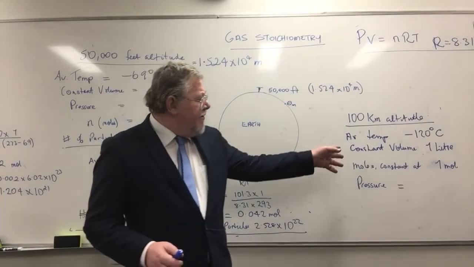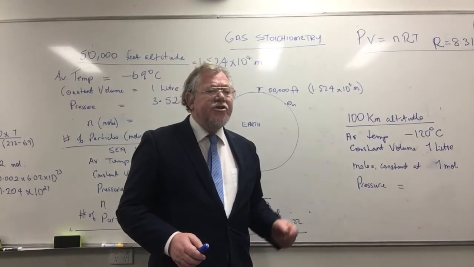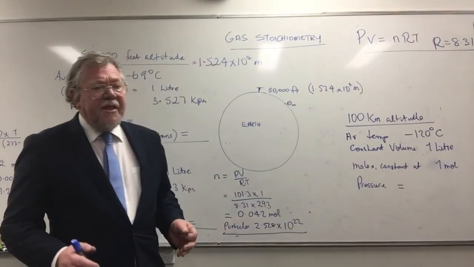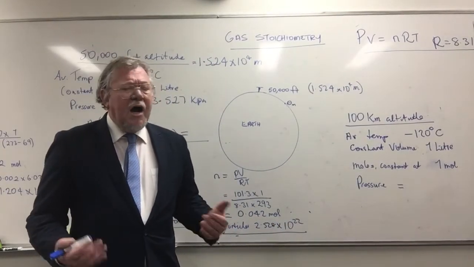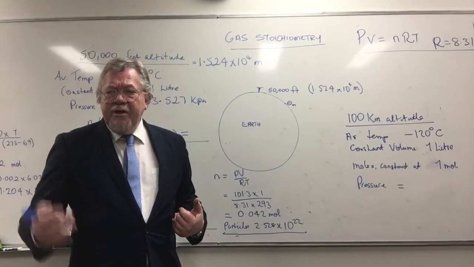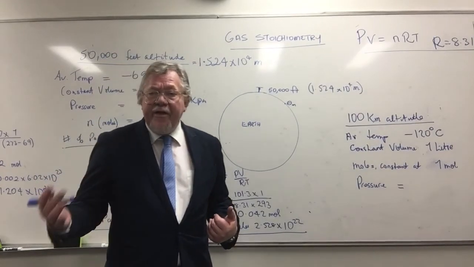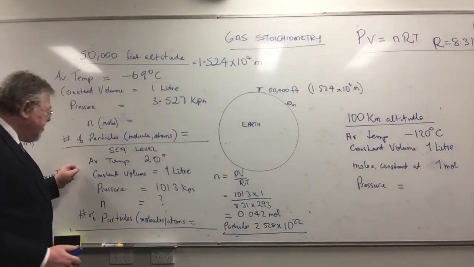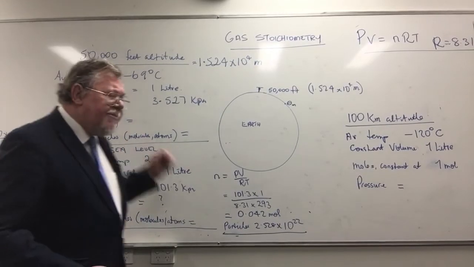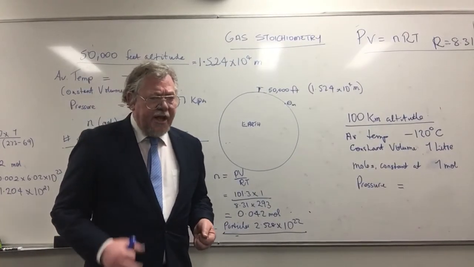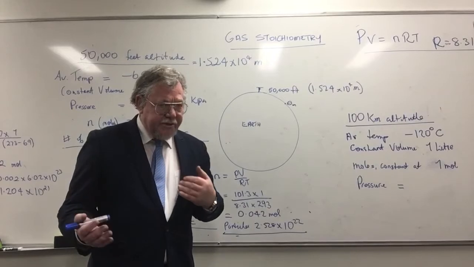Okay, so I want you to finish this, and then I want you to do the calculation for every 1,000 meters, like this, or maybe even 5,000 meters if you want. Okay, I'll let you go with 5,000 meters.